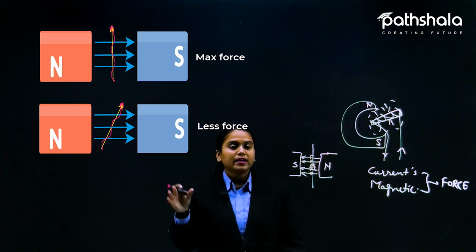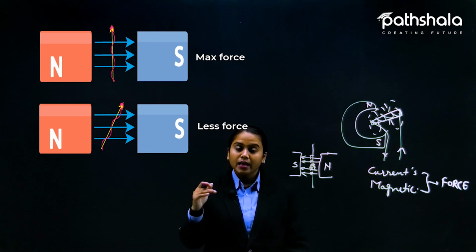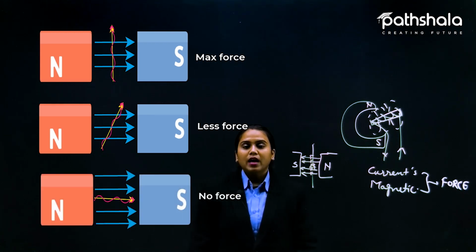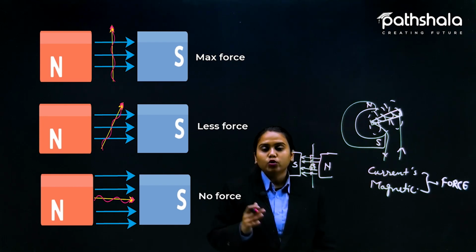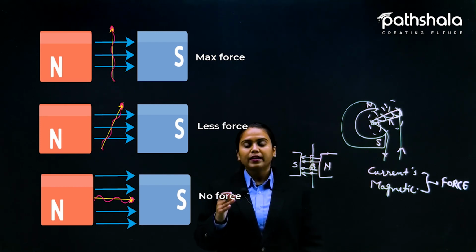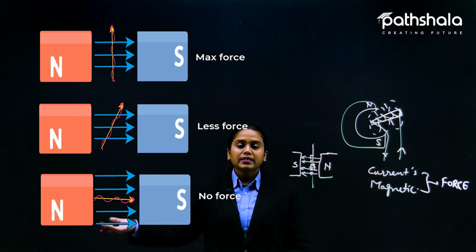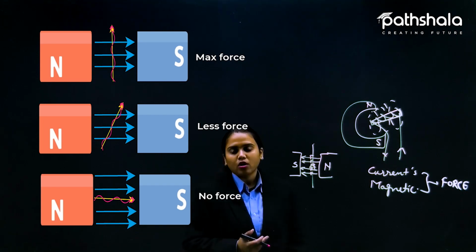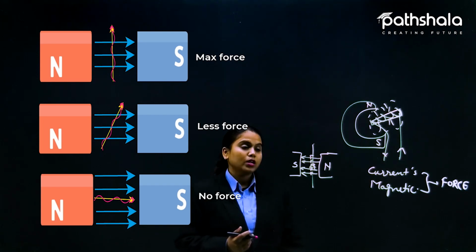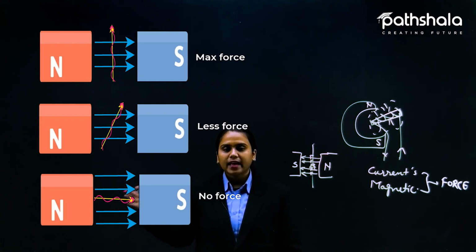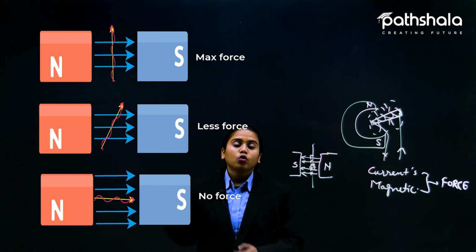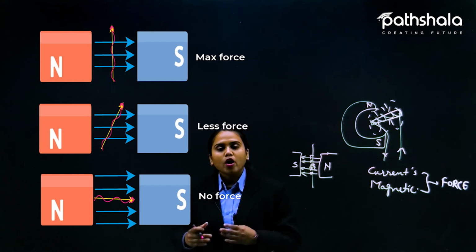And now in this condition, when it is already parallel to the magnetic field lines, we can see that this current carrying conductor is not going to feel any kind of force, because now the magnetic field lines produced by this current carrying conductor are going to be in sync with the external magnetic field lines.